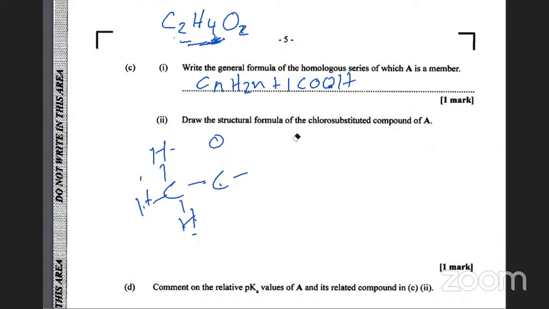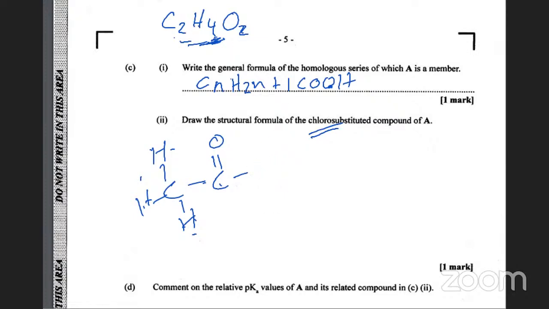All right. Oh, and they say now draw the structure. Draw the structural formula of the chloro substituted compound of A. This is a carboxylic acid, and they're asking for the chloro substituted compound of A. Well, we know that if you react a carboxylic acid with a compound like SOCl2, you could get an acid chloride, an acyl chloride.